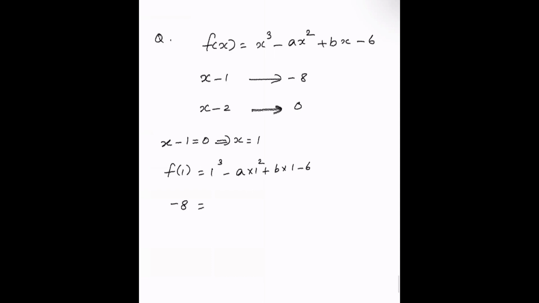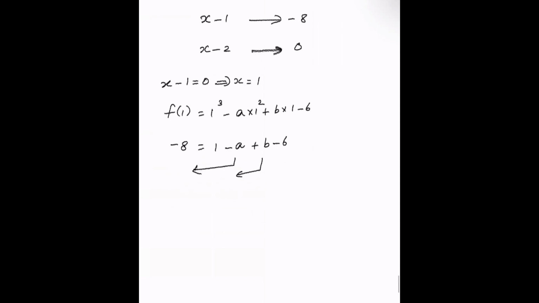Negative 8 is equal to 1 minus a plus b minus 6. Taking this to this side, b also to the other side, I'm getting a minus b equal to minus 5 plus 8. Minus 5 plus 8 is 3. So this is my equation 1.